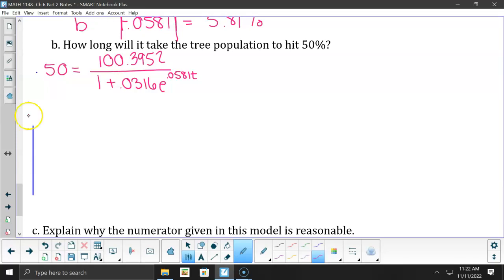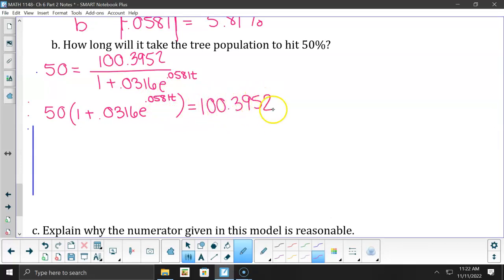So now I've got 50 times 100, not 100 yet, times 1 plus 0.0316 E. How do you guys want to solve from here? Yeah, divide by 50. Don't distribute. That's going to suck. We're already dealing with hideous numbers. Let's make our lives a little easier.